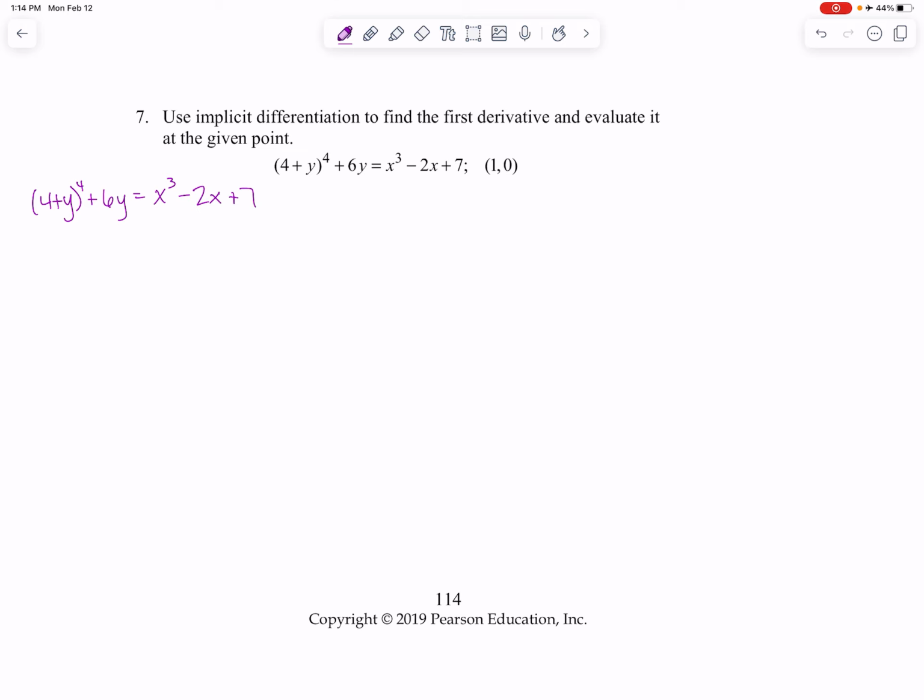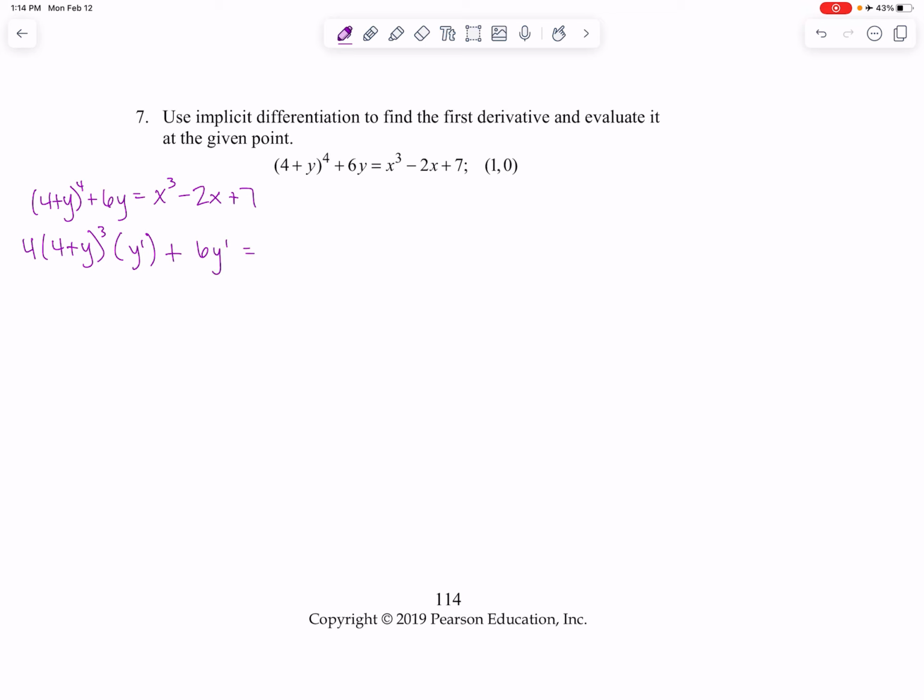The derivative of the first, so the derivative of 4 plus y to the fourth, let's use the power rule. 4 times 4 plus y to the third, derivative of the inside. Derivative of 4 is 0, derivative of y is y prime. Derivative of 6y, so 6y prime.